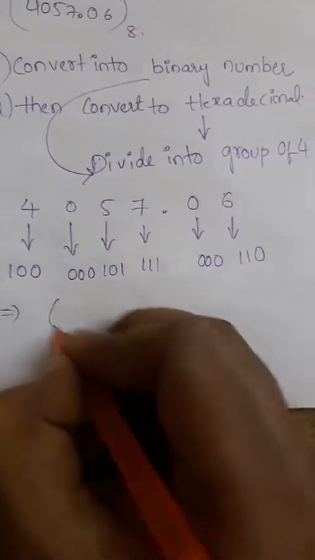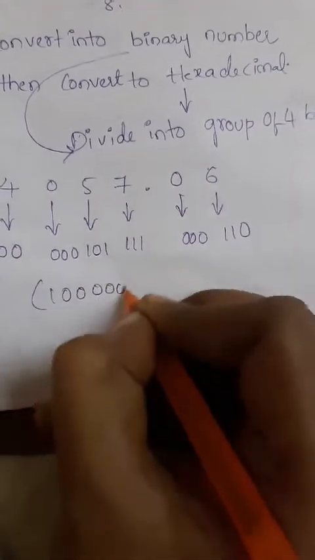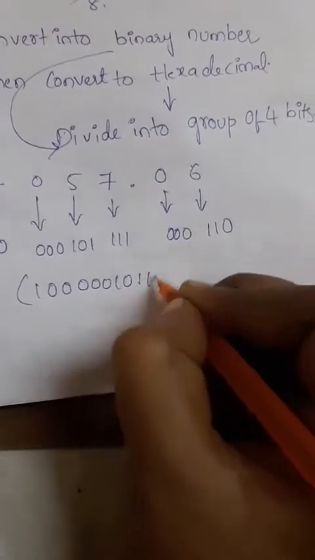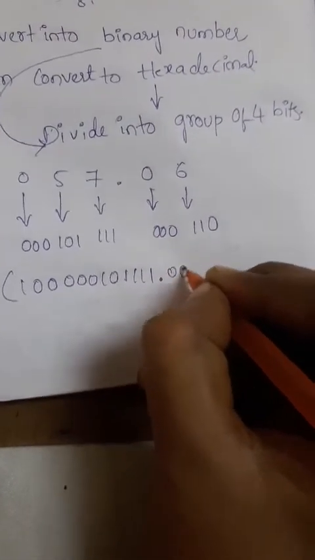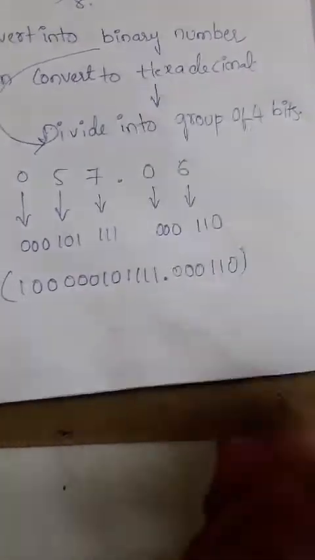Now combine all the digits: the binary number is 100 000 101 111, then place the point, then 000 and 110.